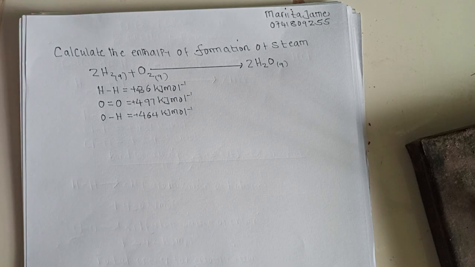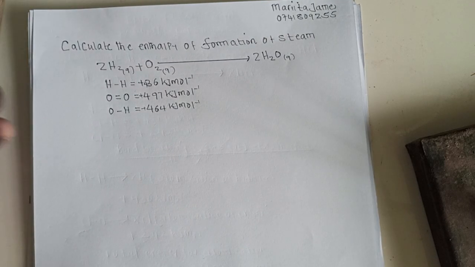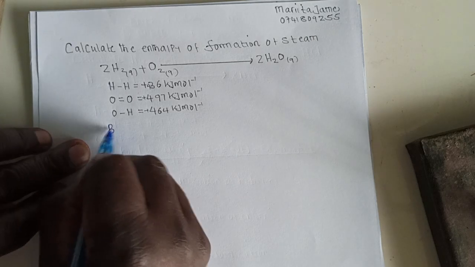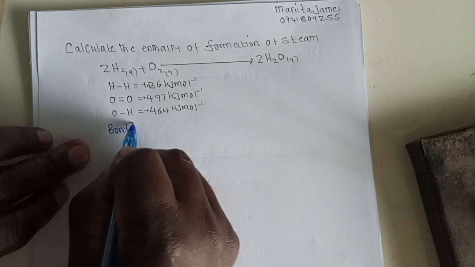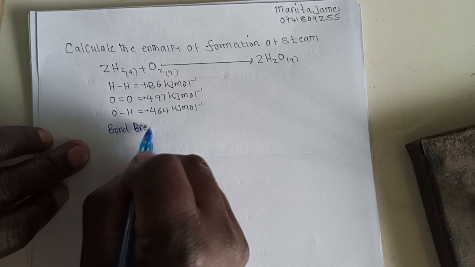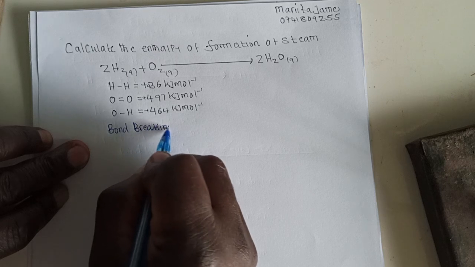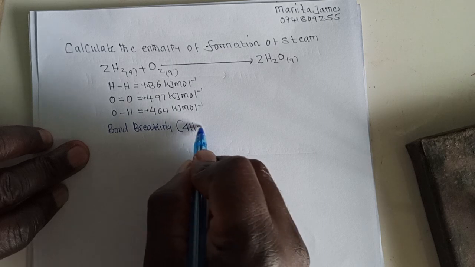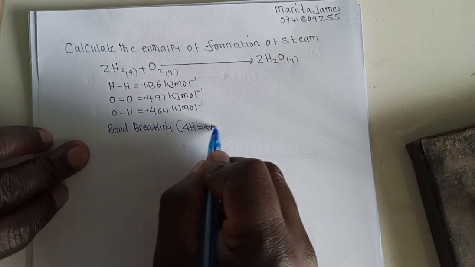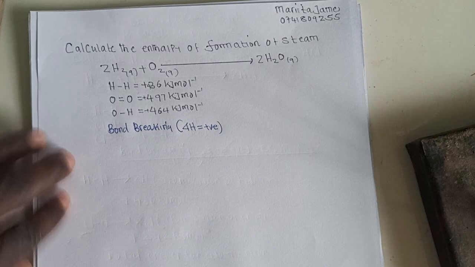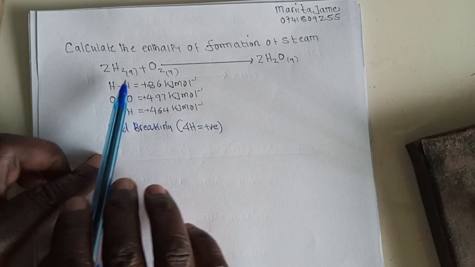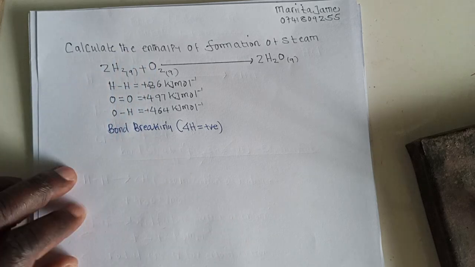To answer this question, first of all, you need to get the bond breaking. Bond breaking is always an exothermic reaction, so the value must be a negative. The bond breaking involves the reactants only.